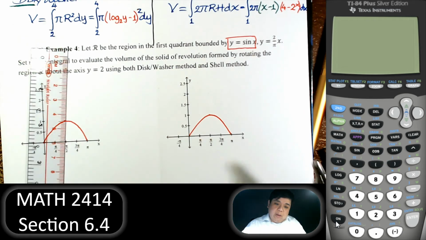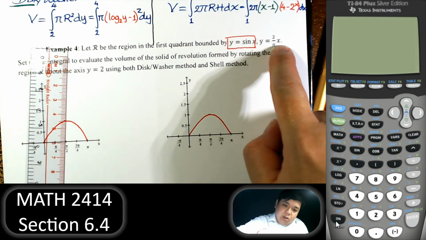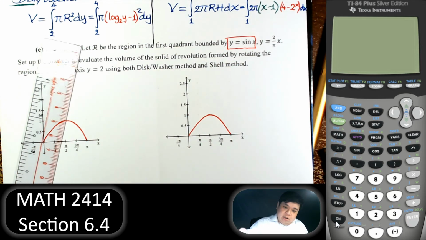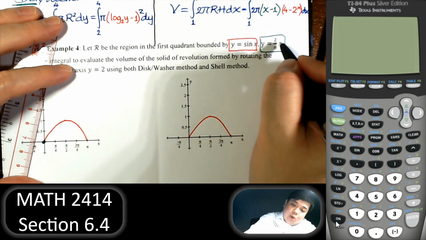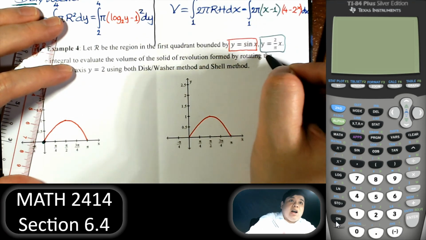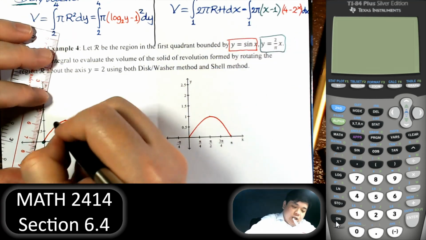And then also we have y equal to 2 over pi x. So when x equals 0, we have 0. When x equals pi over 2, 2 over pi times pi over 2, they are reciprocals, so it's going to be 1.